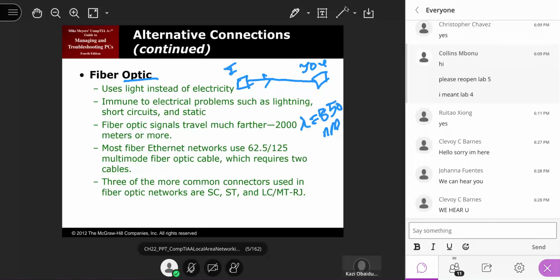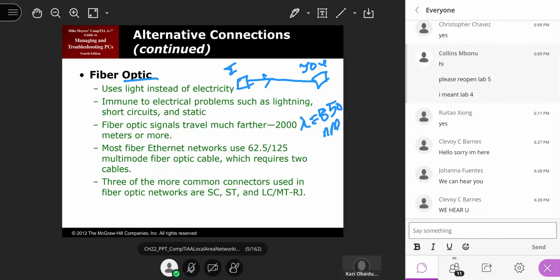Now, what do you understand? We understand that here is one I and there is you, connected with the optical fiber glass cable, and I send the signal through it. A light signal.